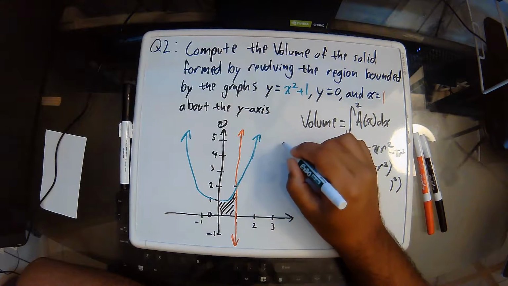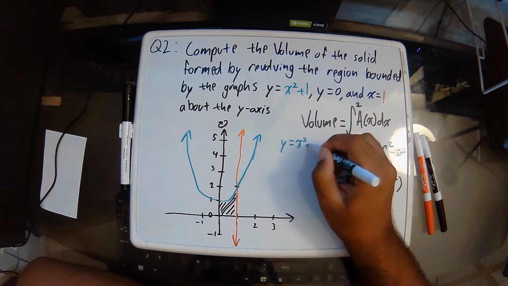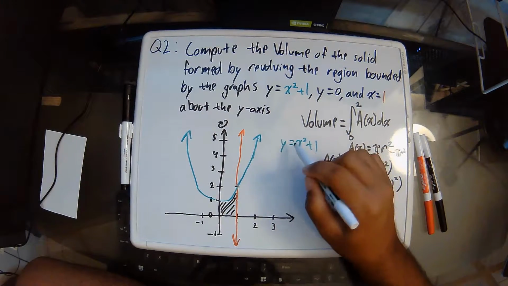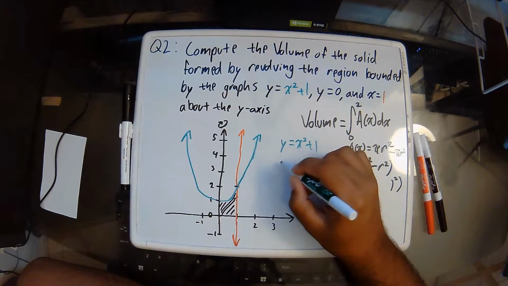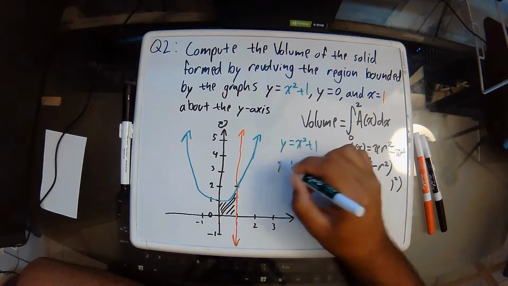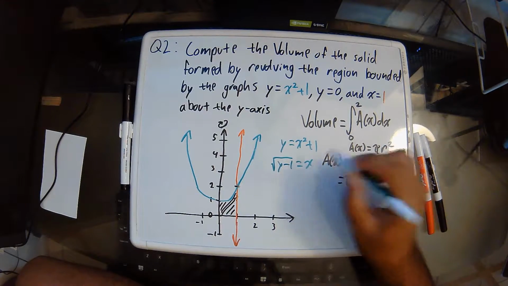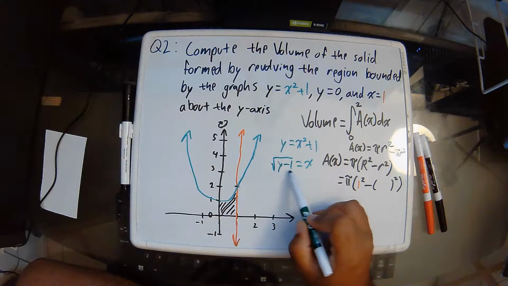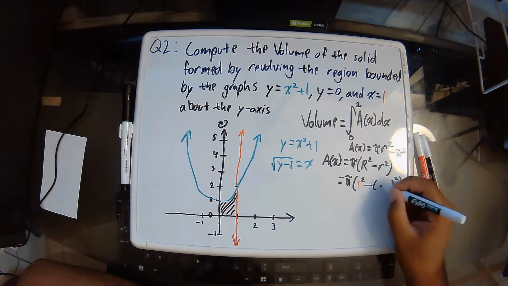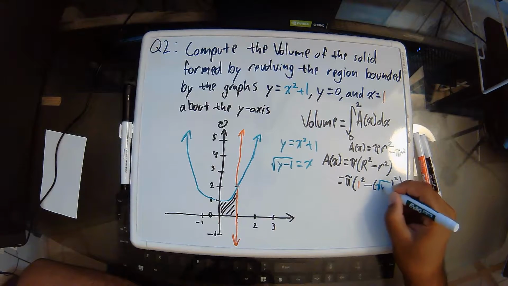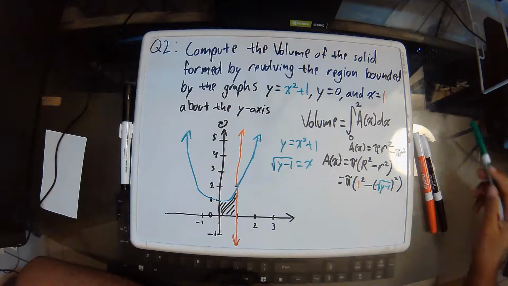So we start with y equals x squared plus 1, but we have to get it in terms of y. So we have to isolate x. For this, we subtract 1, and then we square root both sides, so that x is left alone. So this is our new modified radius to input right here, the square root of y minus 1.